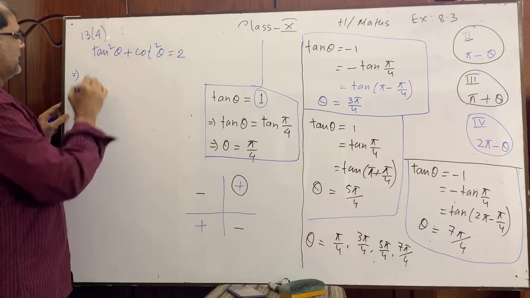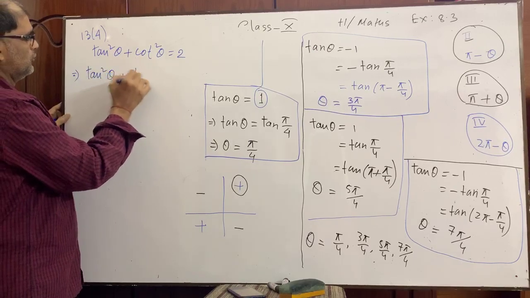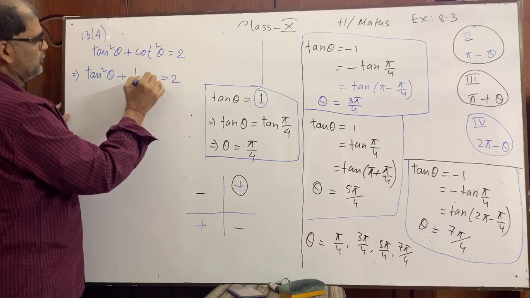So we can write tan square theta plus 1 by tan square theta equals 2.